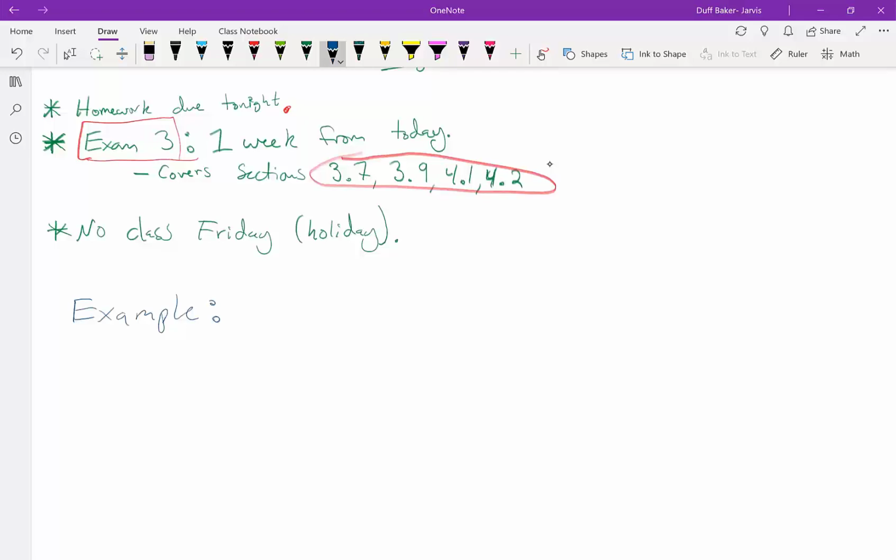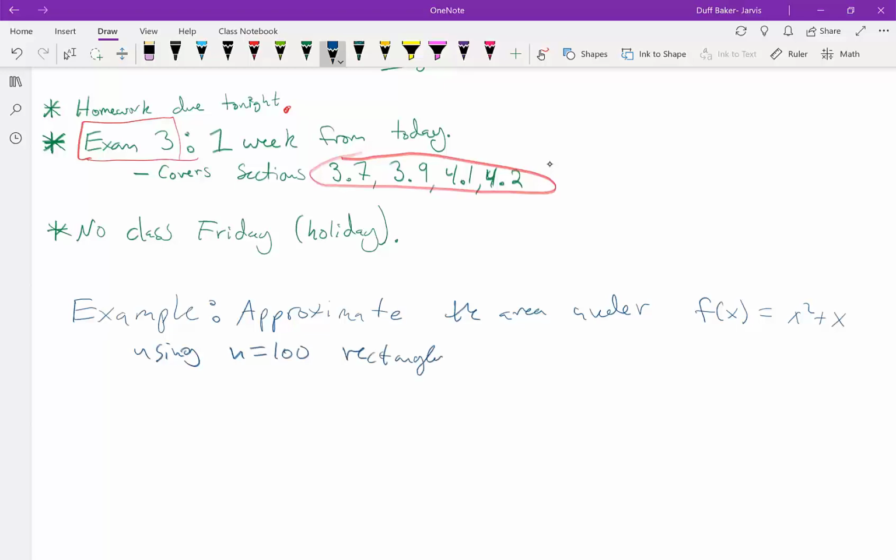So our goal is going to be to approximate, kind of similar to what we were doing last time, the area under this function, x squared plus x, using n equals 100 rectangles and right endpoints.